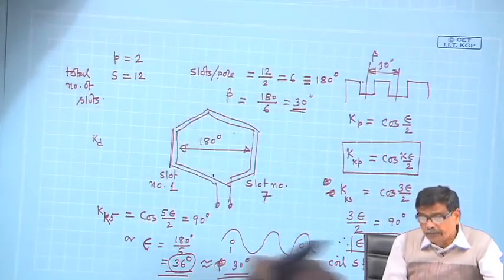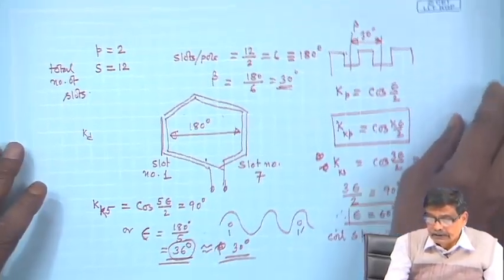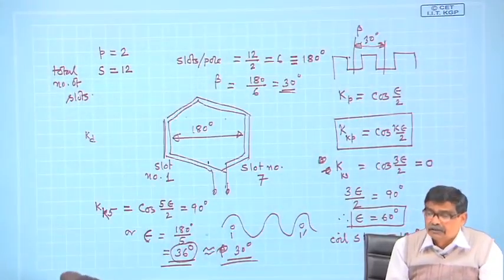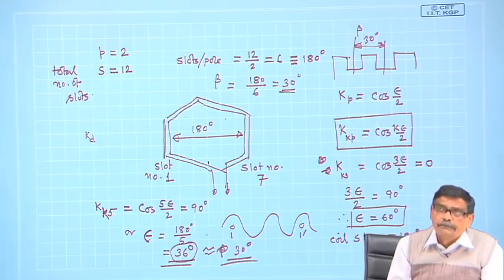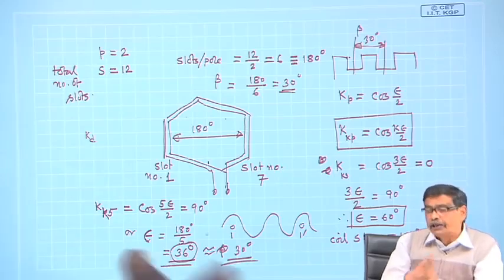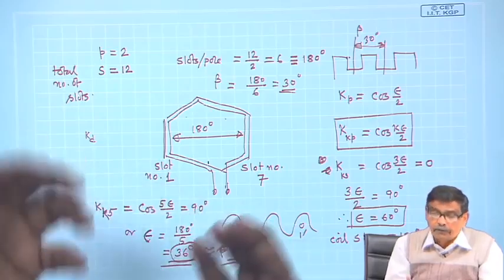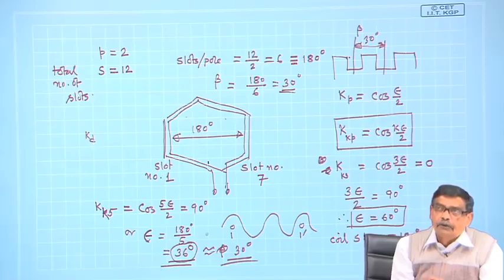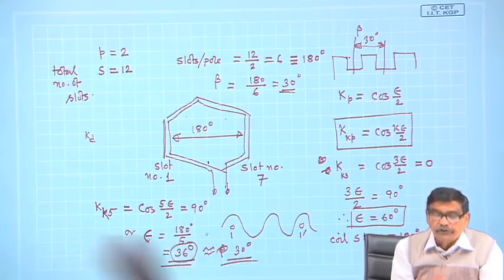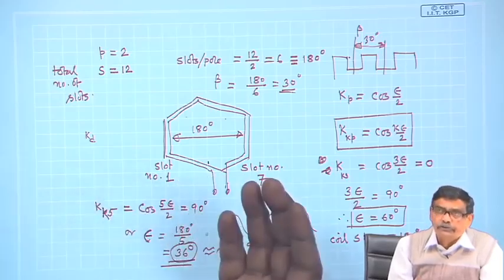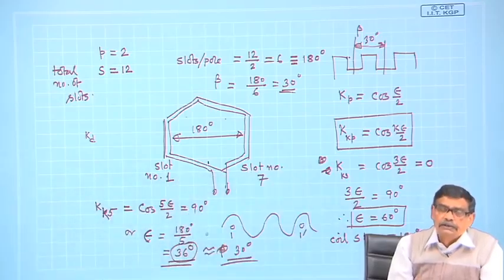And why short chording? Short chording is necessary, assuming that space harmonics cannot be totally eliminated, there will be odd harmonics present like third, fifth, seventh, etc. And for a given number of total slots, number of poles, etc., I can calculate the beta. What is beta? The angle between two consecutive slots, which is the same as the angle between two consecutive teeth.